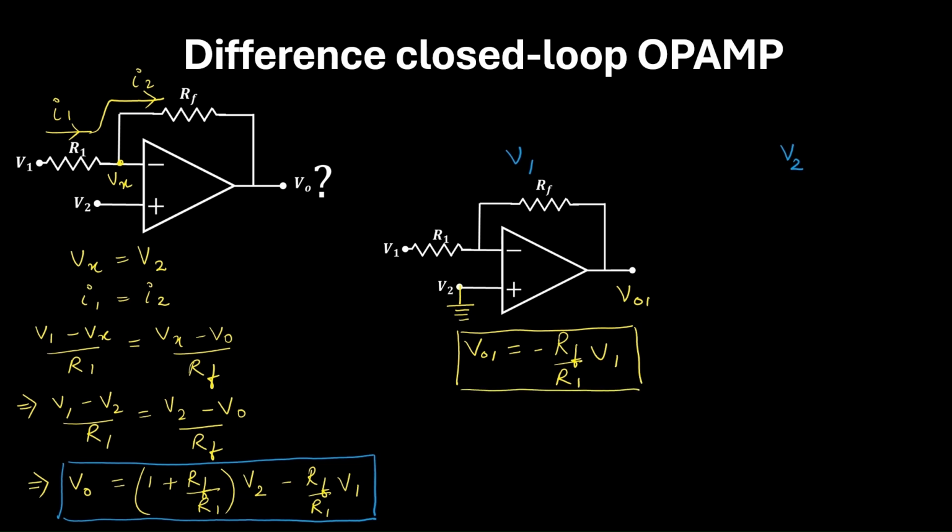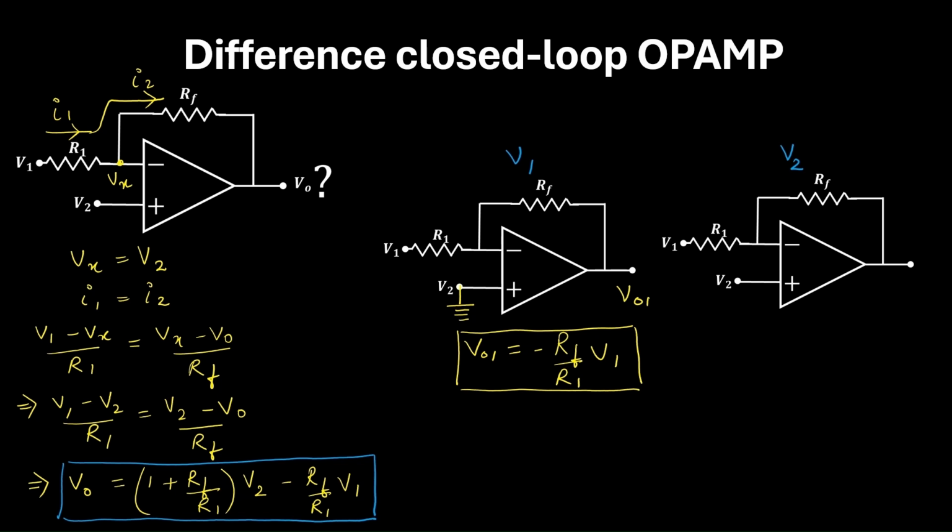Next, you take the same circuit. Now you ground V1. So I'm grounding V1. And you calculate the output due to V2 alone. So I'll call this V02. If you see, this circuit is a closed loop non-inverting op-amp. So the output will be given by 1 plus RF by R1 into V2.